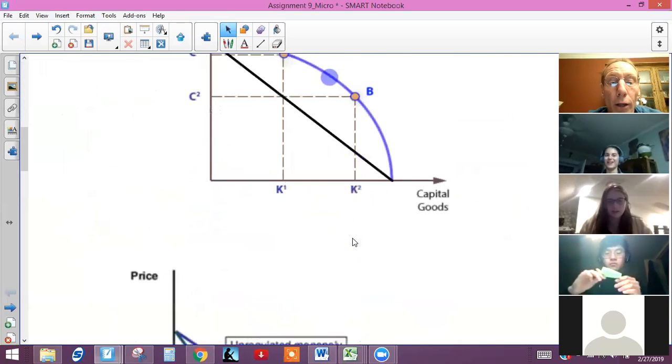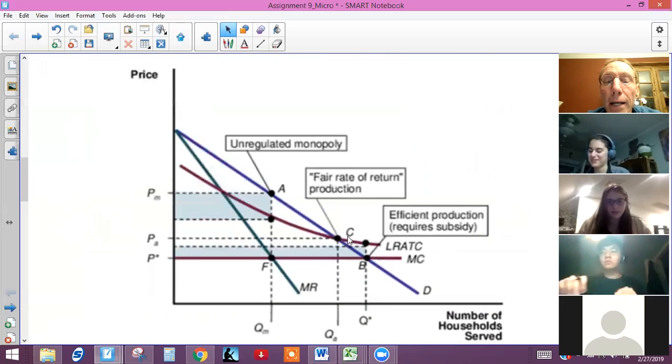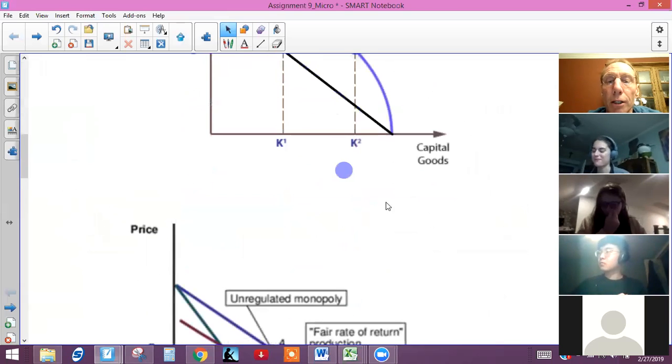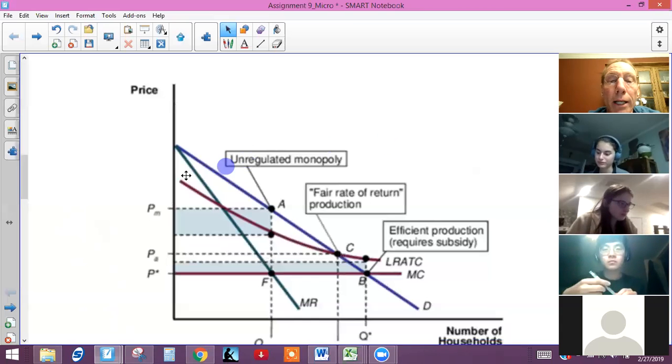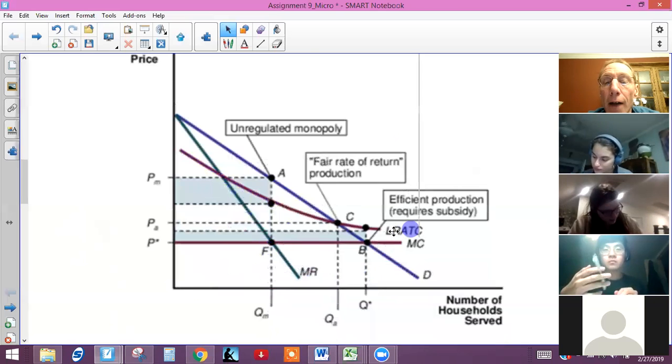Let's see, where are we here? Okay, so the main characteristic it's important to know about a natural monopoly is that as we increase production, average total cost is decreasing.